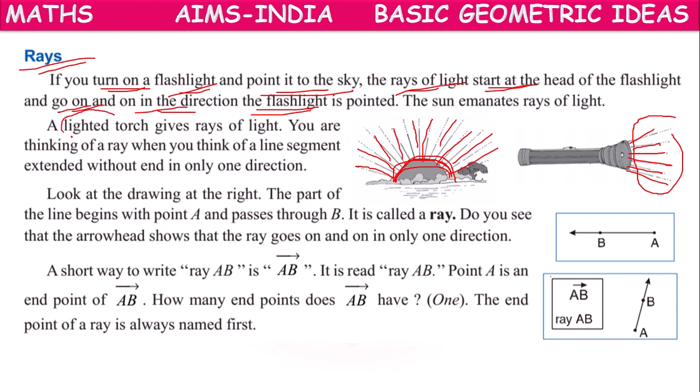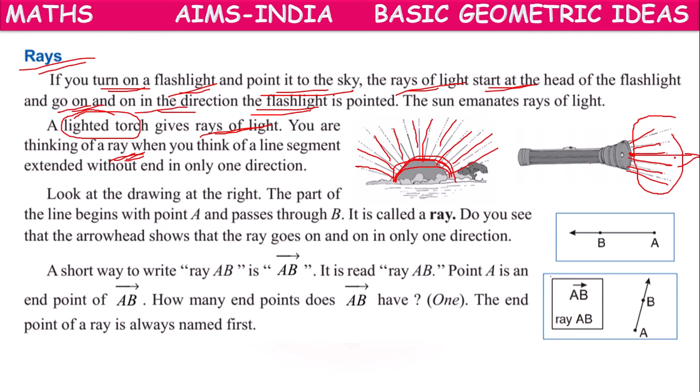If we take a lighted torch, it gives rays of light. Here a ray means starting from one point and traveling forward in the pointed direction without end.